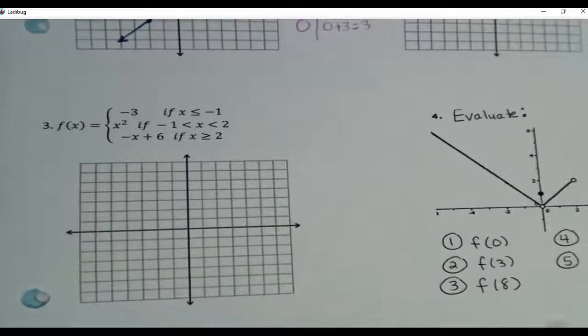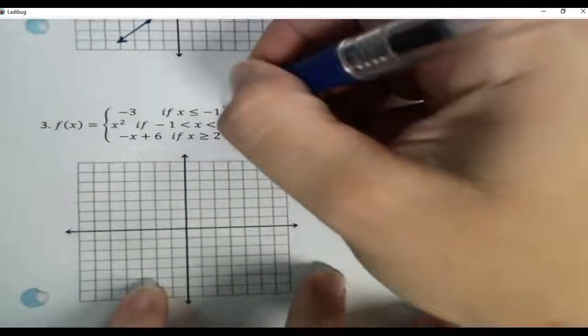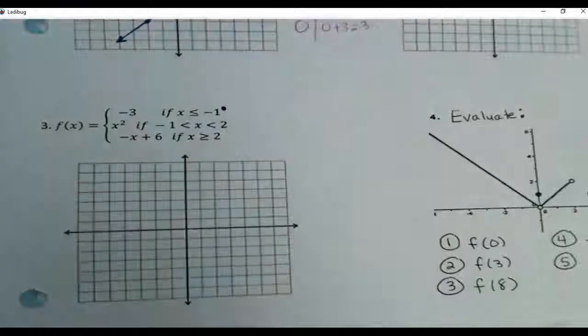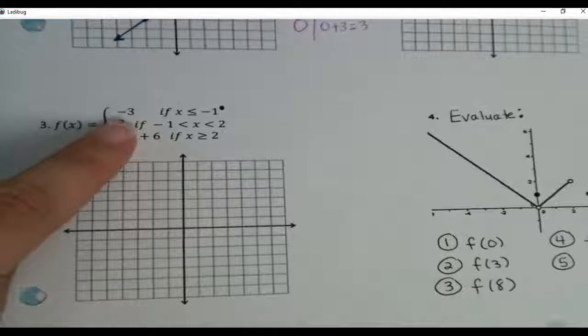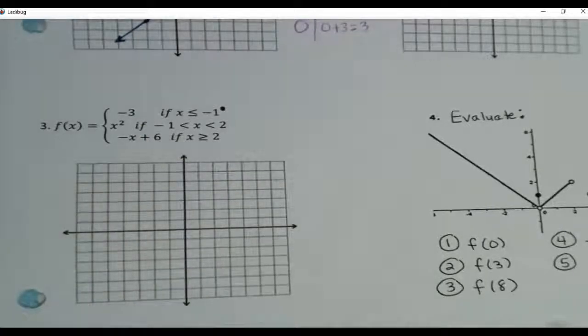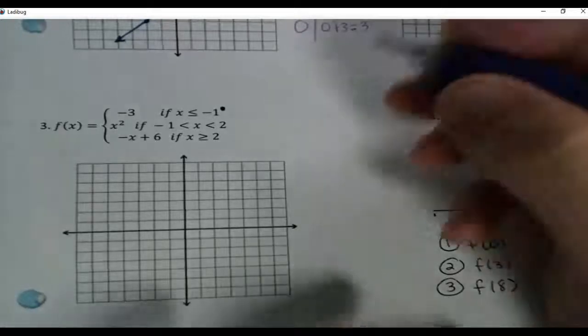Okay. So this one has 3 parts, so let's start with this first one. So again, this one is just -3, so we're not going to have an x, so it's just going to be that horizontal line. But we still need to see where it starts.